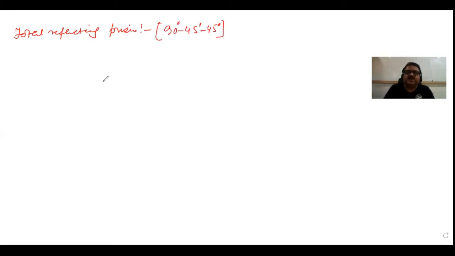And one interesting thing with this is that it is also known as a right angle isosceles prism. It looks like this. Clear? This angle is 90 degrees, this is 45 degrees, and this is also 45 degrees.